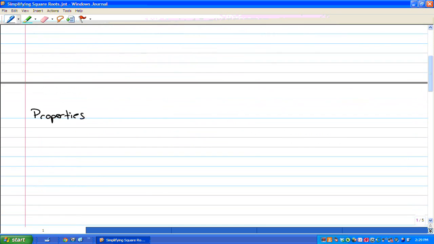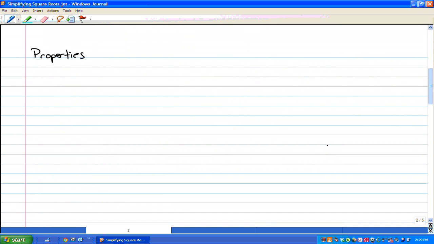Well, there's two properties that I want to go over with you. The first one is the product property of square roots. The product property of square roots says that if you have two numbers that are being multiplied together.